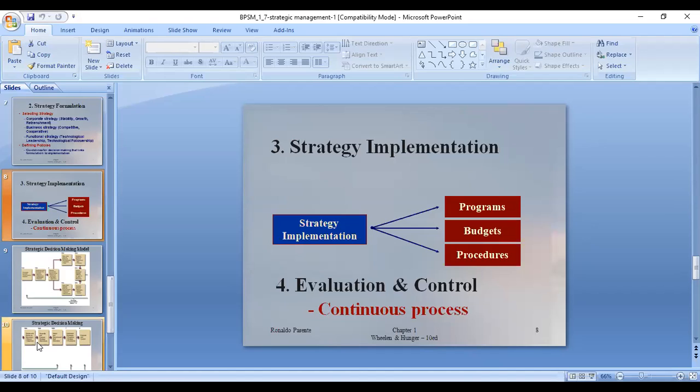For this also we have a separate chapter, strategy implementation. And evaluation and control is a continuous process. Those students who have an engineering background can understand what Kaizen is. We are left with 10 minutes. What is Kaizen theory? Evaluation is a continuous process, continuous improvement, lean manufacturing.